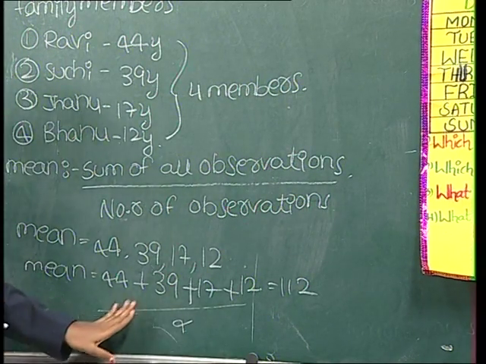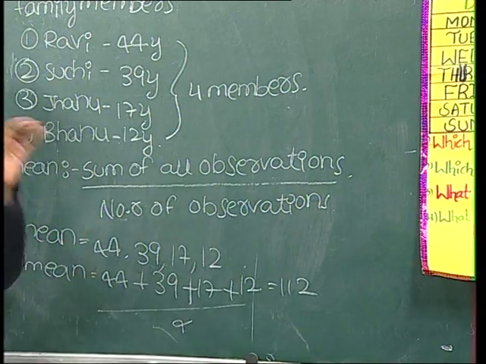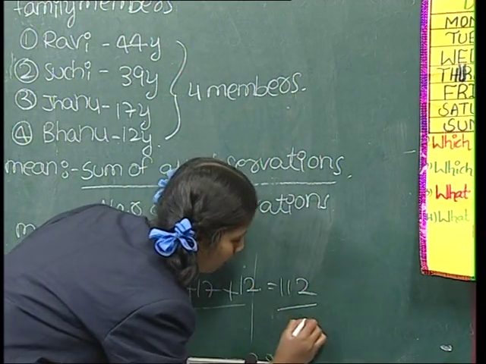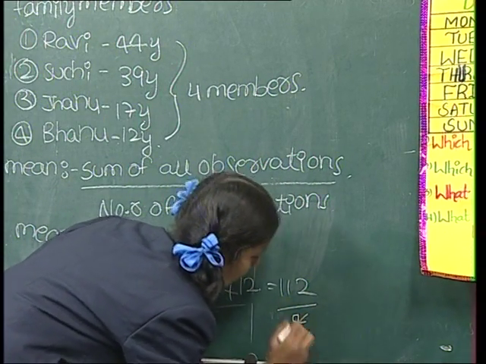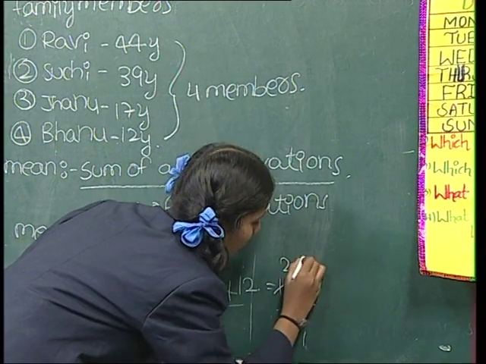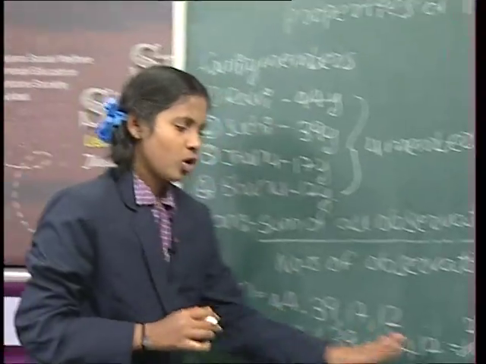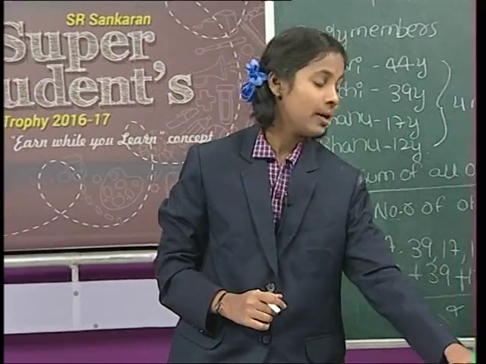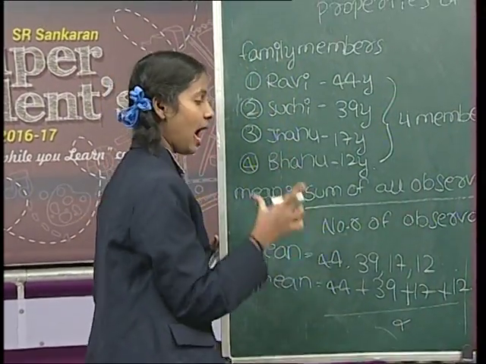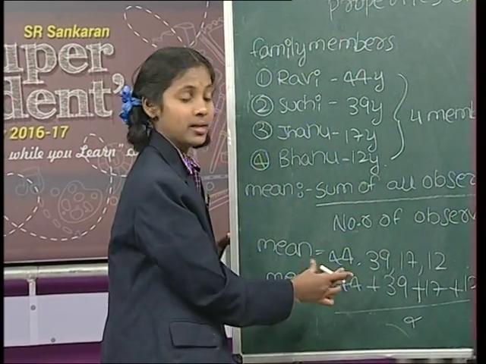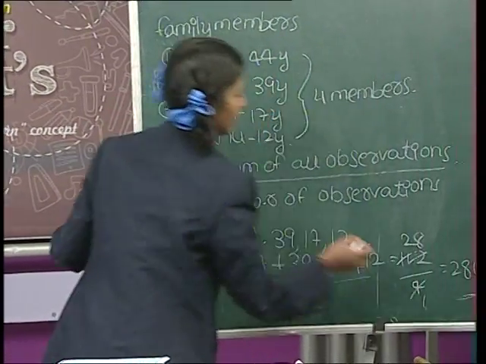The sum of all these ages is 112. 112 by 4: 4 ones are 4, 4 twos are 8, so it is 28 years. So we can conclude that the average age of these family members is 28 years.